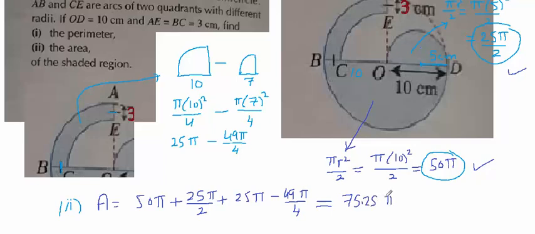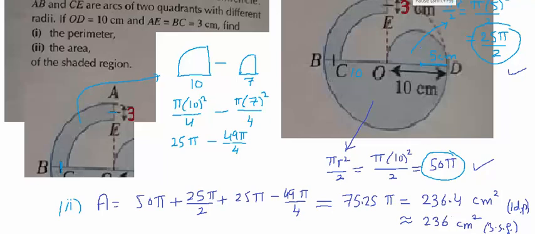Or if you put the value of pi from the calculator, then it will be 236.4 to 1 decimal place. Or if you are to give 3 significant figures, then this will be 236. So depending on the requirement of the question, because here in this question they didn't mention it, these are the answers.